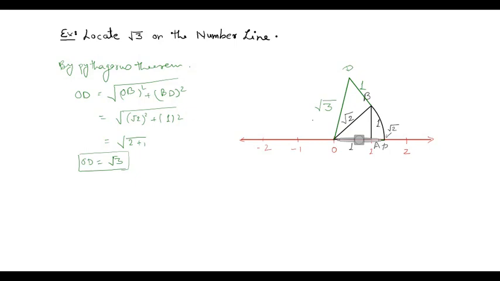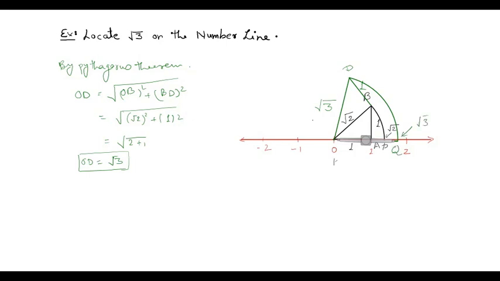So now again using a compass with center O and radius OD, we will draw an arc and it will intersect the number line at the point Q, and this Q will represent the square root of 3.